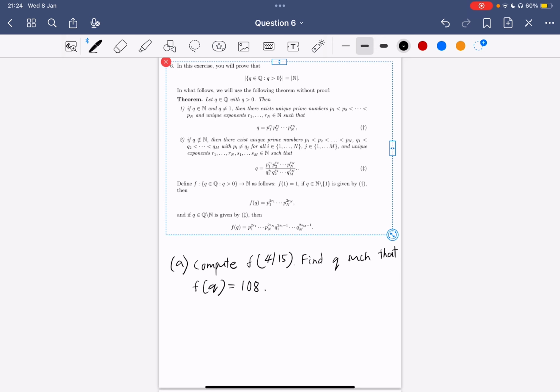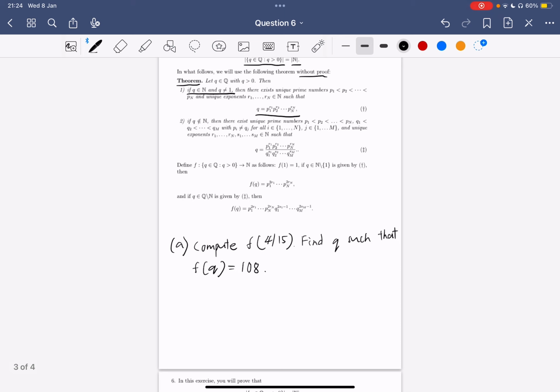And this theorem basically says that if q, the rational number, is also a natural number and it's not equal to 1, it is given by this equation here, where p1, p2, all the way to pn are unique prime numbers, and r1 to rn are exponents.